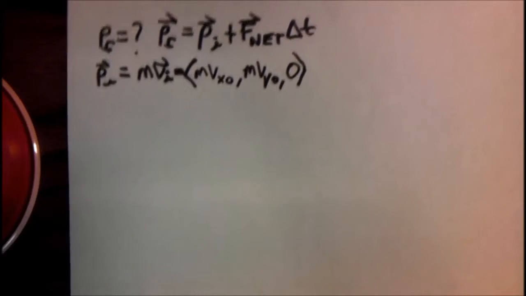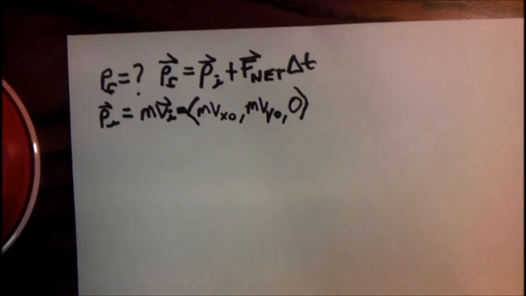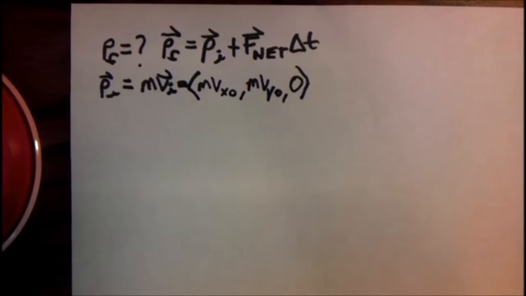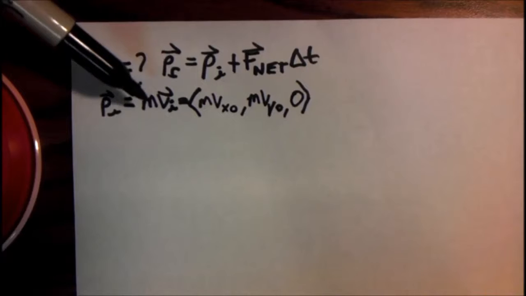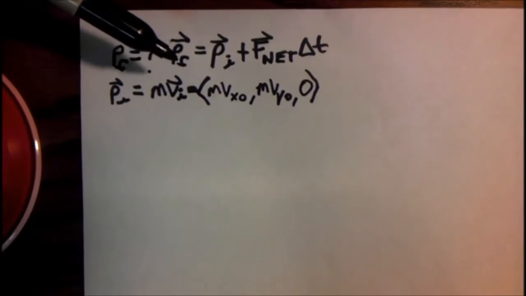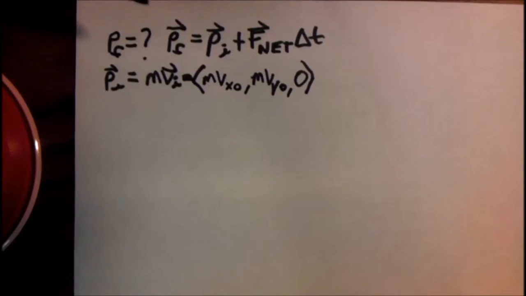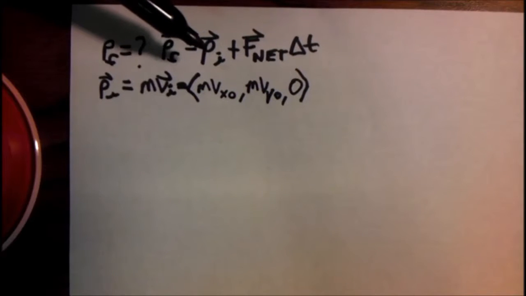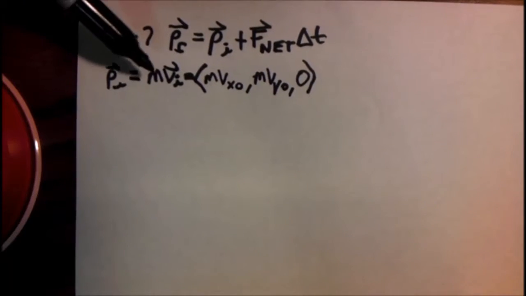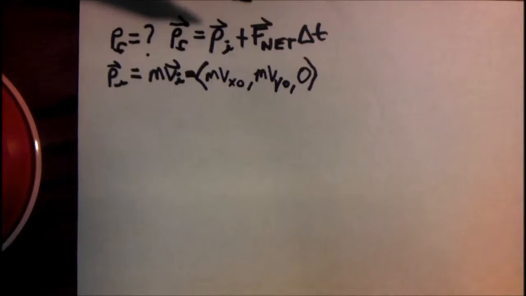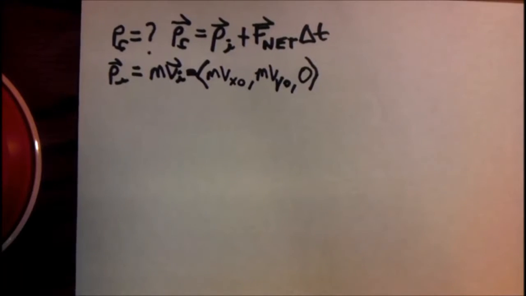Second part of question 4, 4b, wants us to figure out the vector momentum after a certain change in time. I have stated the momentum principle, Pf equals Pi plus F net delta t, and Pi is the mass times the initial velocity, which is stated in the setup of the problem, which is m v i, which equals m vx naught, m vy naught, 0.